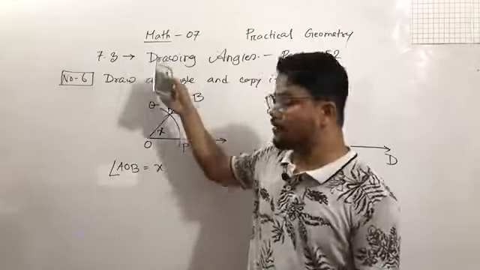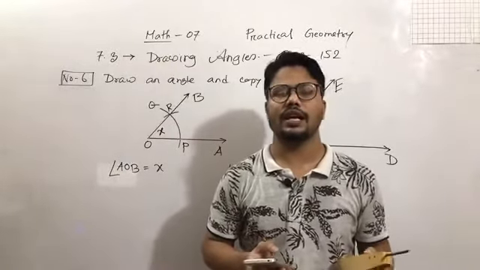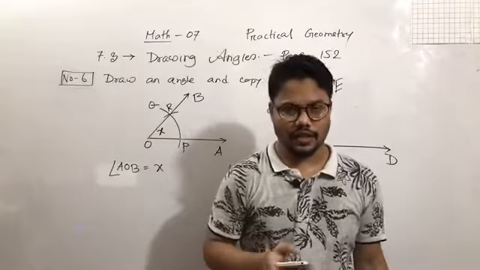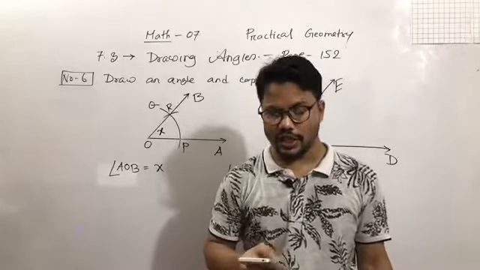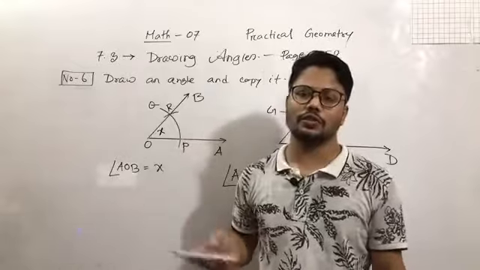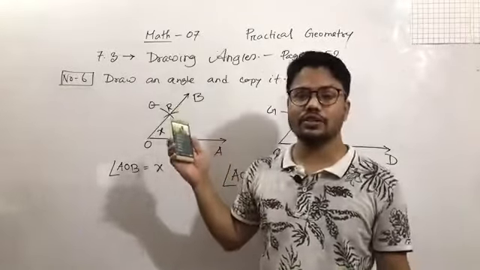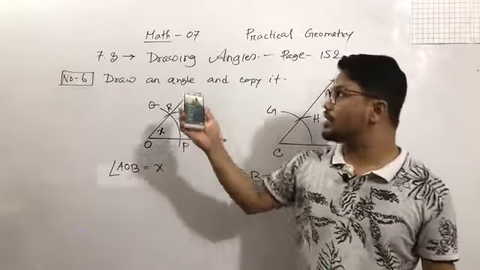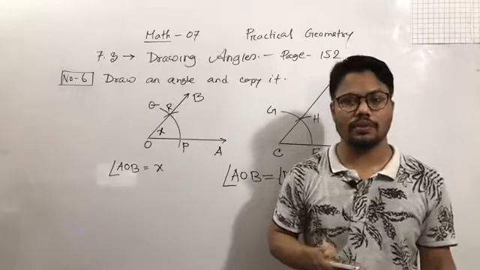So chapter 7 is connected with chapter 6. Sometimes creative questions may have parts A and B from chapter 6 and then parts from chapter 7. That is why it is closely connected with your upcoming syllabus, but the construction part of chapter 7 is not directly in your upcoming math syllabus.